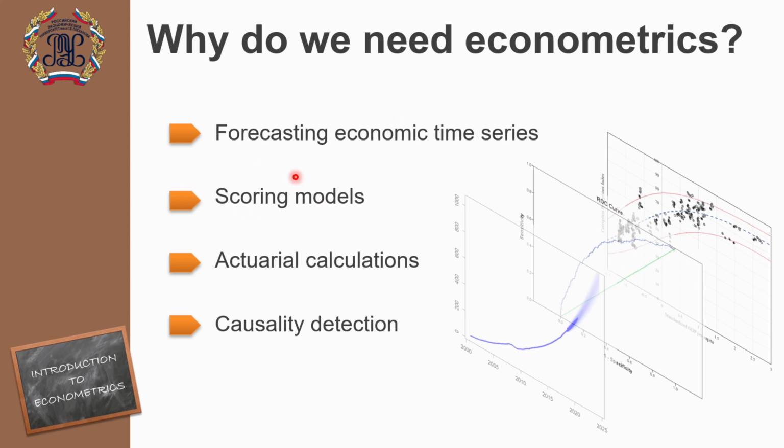The second field is scoring models, most popular in banking, where we try to identify whether a person or a company will appear to be solvent, in other words, able to pay the debt. For example, if we have an individual or a legal entity trying to apply for a loan, we as a bank want to understand whether to give out the loan or not.